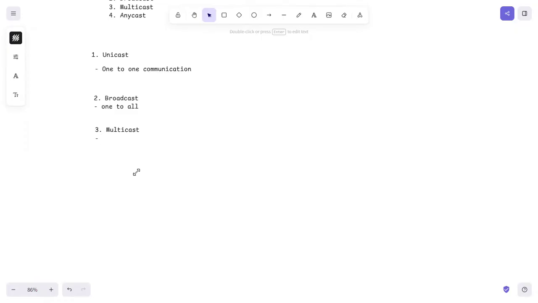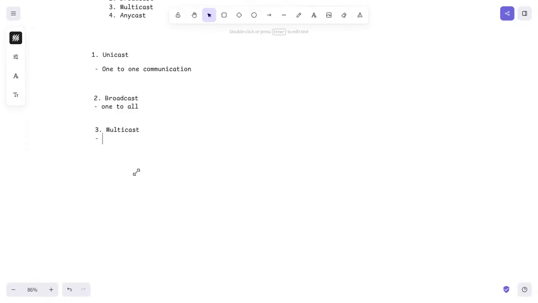It's like in a school where you have different classrooms. A single classroom you can consider as a multicast group, where a teacher explains something only to a selected small group of students. So this is multicast.